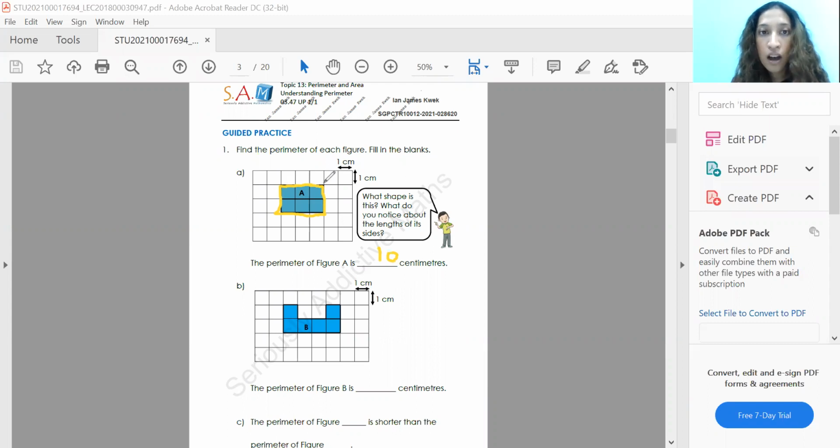It's always the outlines. The perimeter of figure B, again 1 unit each, is 1, 2, 3, 4, 5, 6, 7, 8, 9, 10, 11, 12, 13, 14. So the perimeter of figure B is 14 cm.